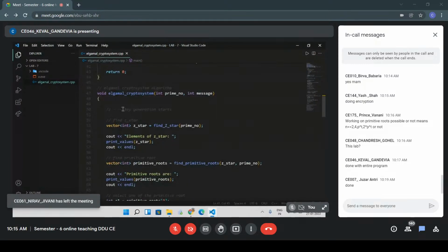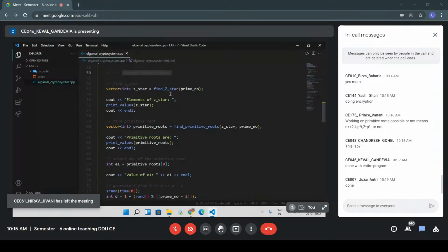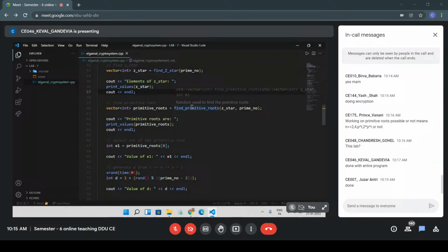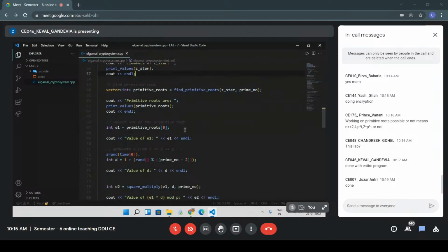And in the ElGamal cryptosystem, the key generation part is starting. Here I am finding this Z star, then printing the value of this Z star. Then here I am finding the primitive roots. Then take the E1, that is the primitive roots, and here I have designed it in such a way that it writes all the primitive roots, meaning the array of the primitive roots.